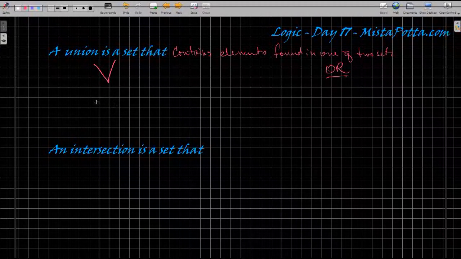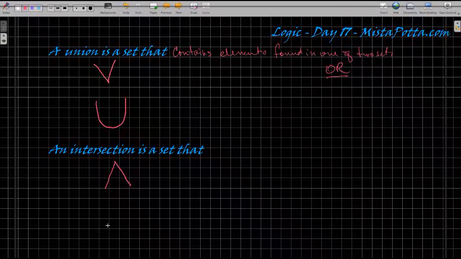As a matter of fact, the symbol for a union is a U, in the same way that the symbol for a disjunction is a V. And if you guess where I'm headed here, an intersection is going to have to deal with an and.